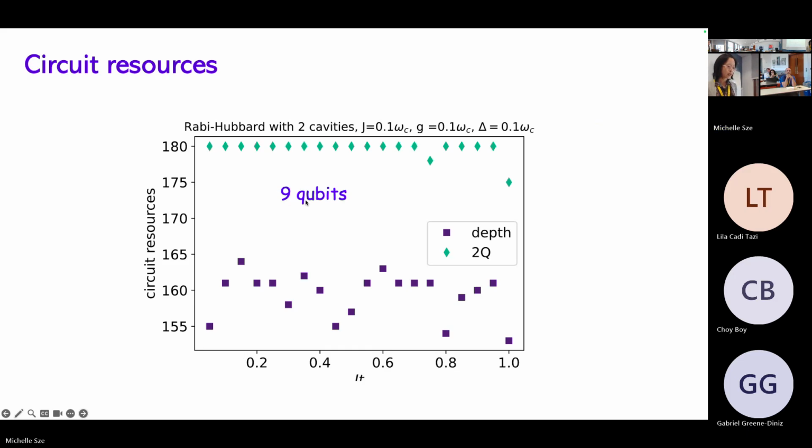Also here, the depth and the 2-qubit counts are almost constant throughout time. A lot of the comments that I get here is that this is too good to be true, because usually if you propagate your system to longer times, your resources will increase as well.